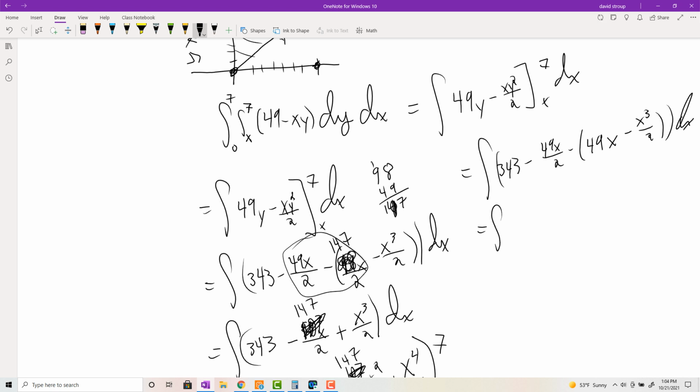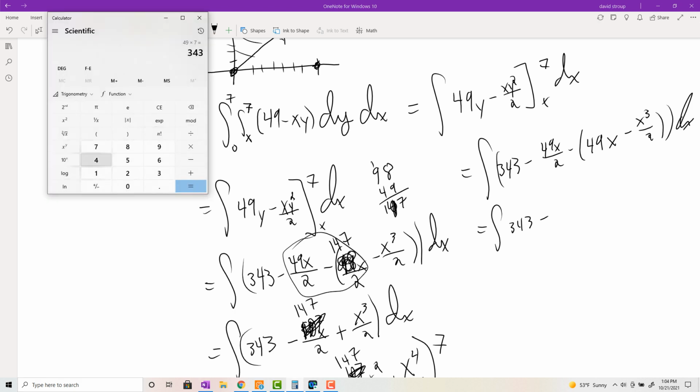So this would be 343 minus, you need a common denominator there. It's like I'm not even going to trust my addition at this point. So 49 times 2 is 98, and then 98 plus 49 is 147.